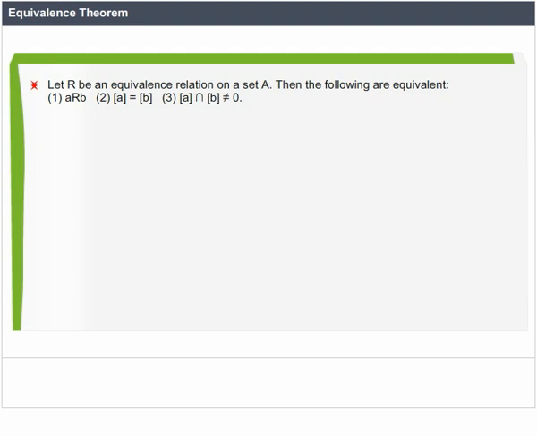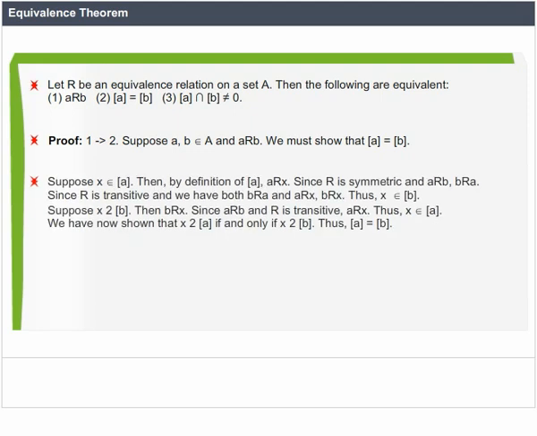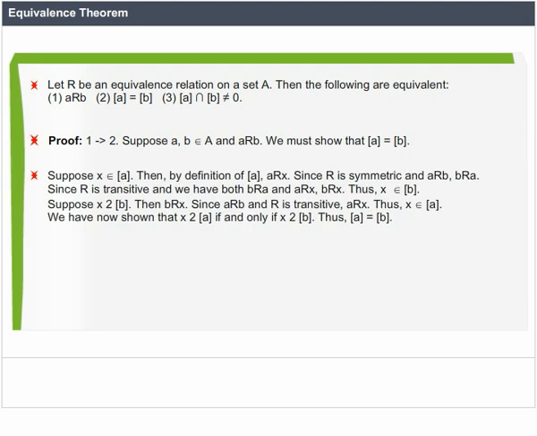Proof. 1 implies 2. Suppose a, b belong to A and a related to b, we must show that [a] equal [b]. Suppose x belongs to [a], then by definition a related to x. Since R is symmetric, and a related to b, b related to a.